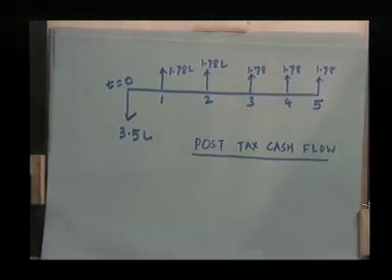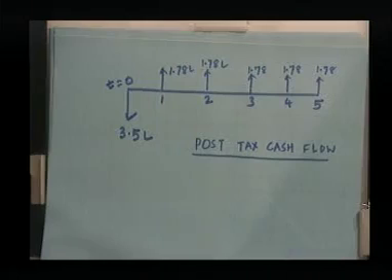So, every year my tax liability would be different, and naturally every year my net income would be different. So, can you just try working it out with the sum of years digit method.